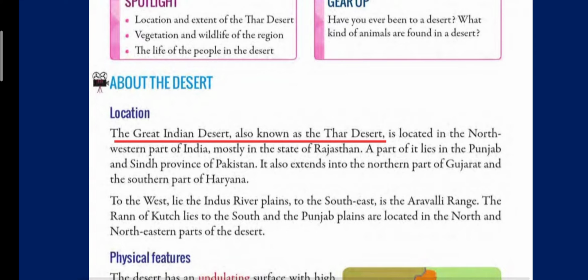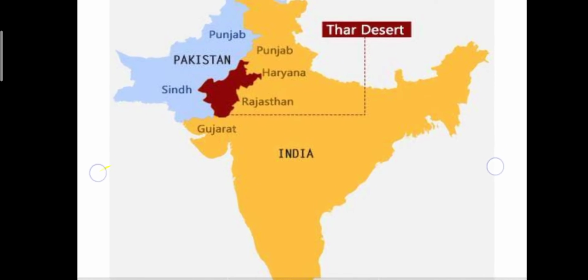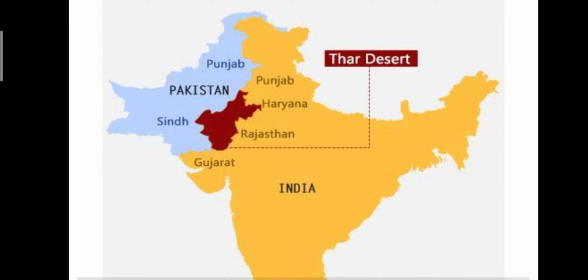Okay, so children, here we are learning about the location of the Thar Desert. The Great Indian Desert is also known as the Thar Desert, and if you see the map over here, you can see that it is located on the northwestern side.